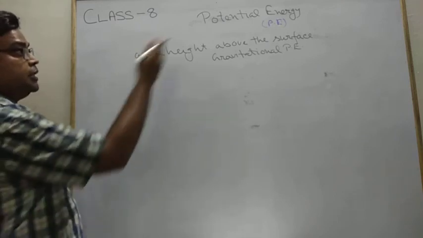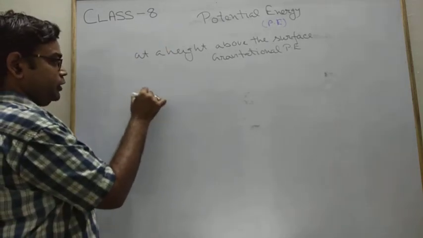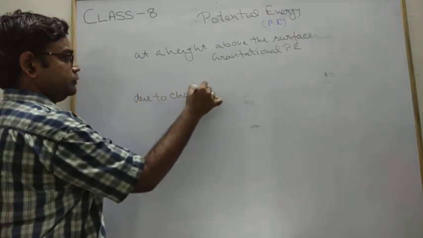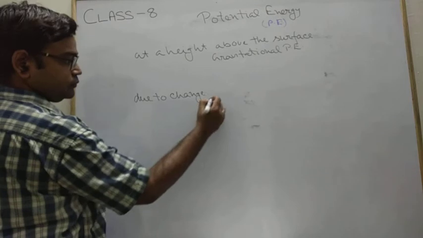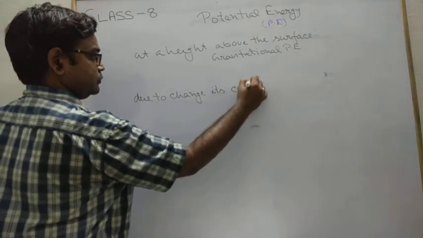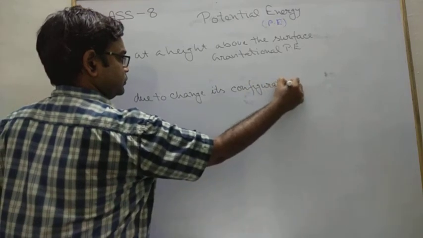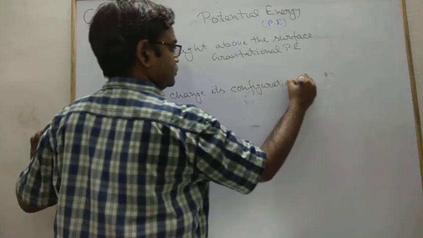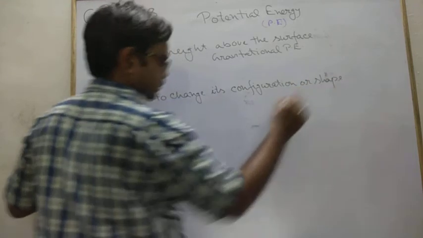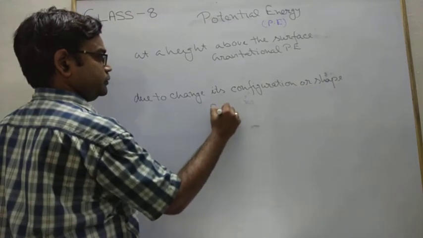Now, the second word, configuration. The potential energy possessed by a body due to change in its shape, configuration or shape, is called elastic potential energy.